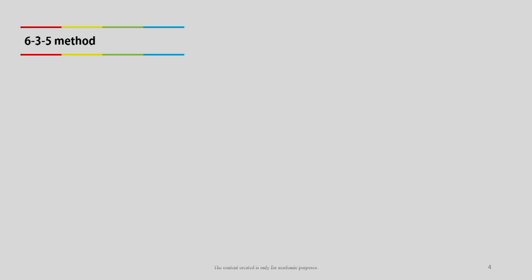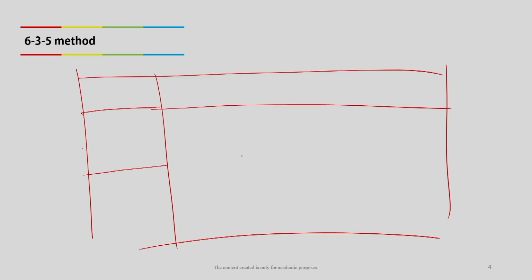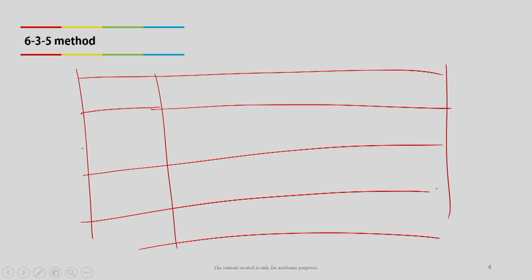Next is the 635 method. In the 635 method there will be a blank sheet, and 6 people will generate 3 ideas in 5 minutes.